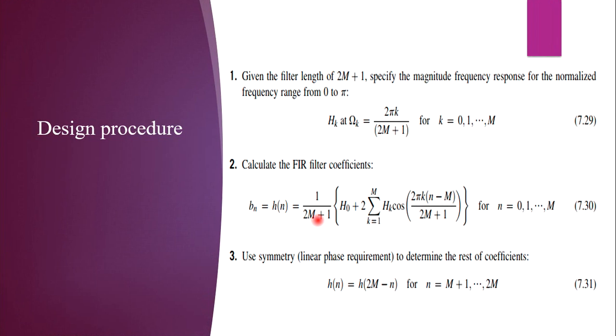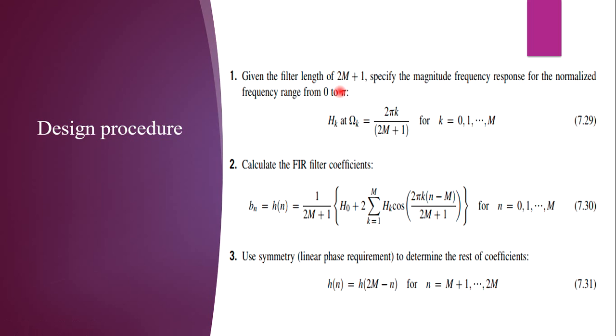So what is the procedure of designing a filter through the frequency sampling method? First of all, we will have to calculate sigma k by using this formula. Sigma k is the normalized frequency. First of all, we are given the length of the filter; we will be asked to design a 5 tap filter, 7 tap filter, 3 tap filter, whatever the specification is given.